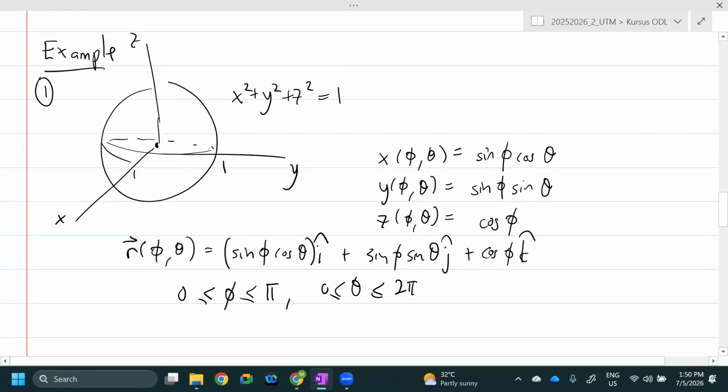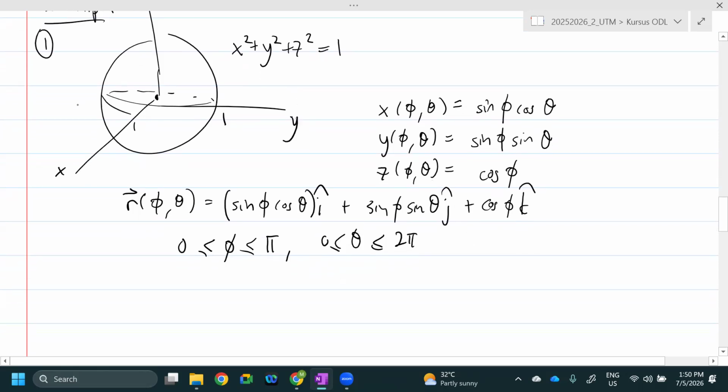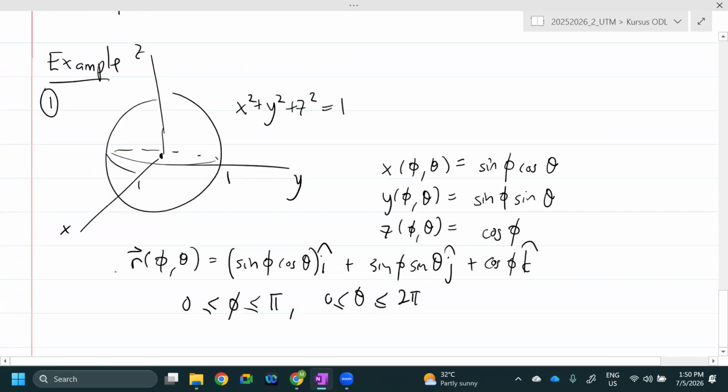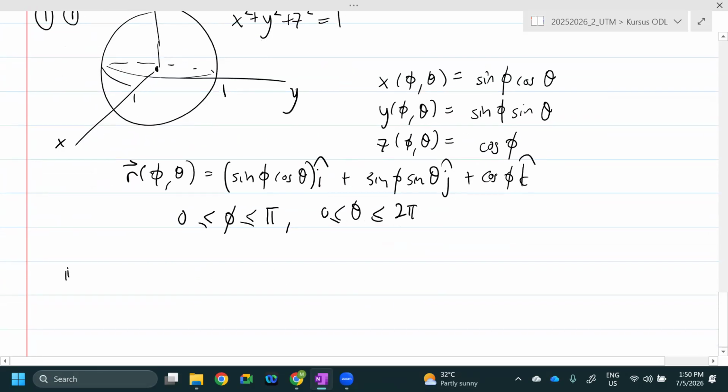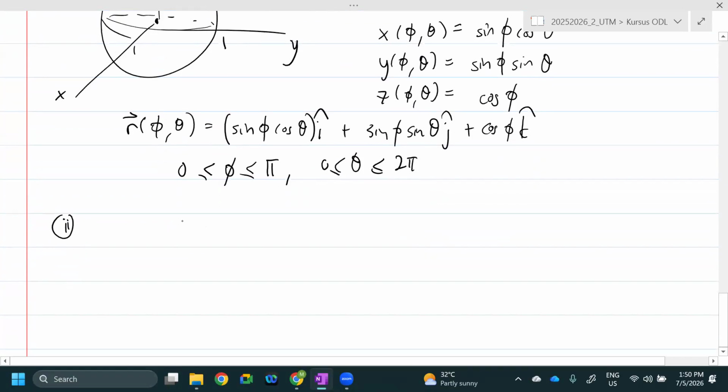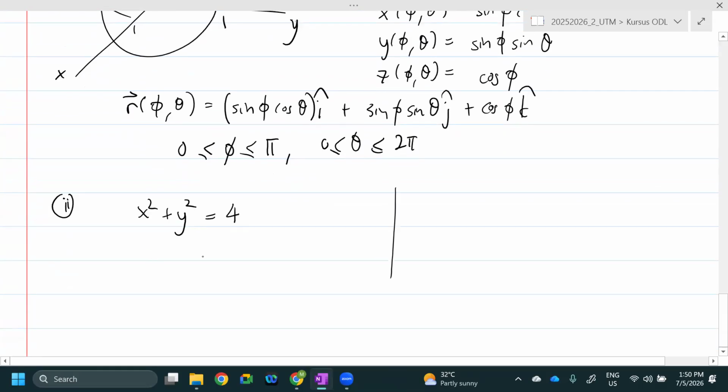And there are many other examples. So maybe another example to see this one. Second example, maybe you want to parameterize a sphere. Not sphere, I mean cylinder. So x squared plus y squared equal to 4, for example. Okay, this is in the space.